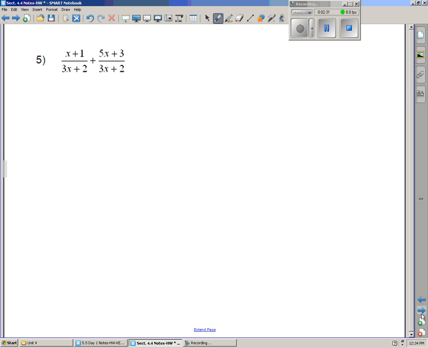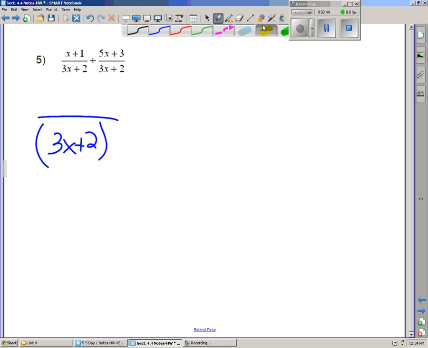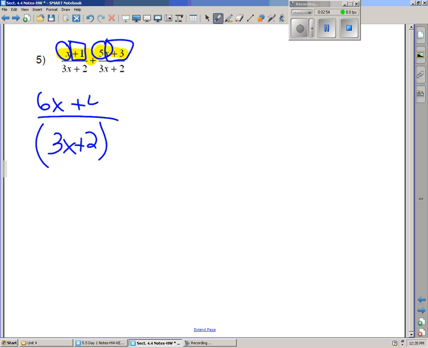Let's take a look at the next one. It's addition again. Common denominator is 3x plus 2. Nothing can be factored here, so I'm just going to put that automatically in my parentheses. But on the top, when I look for my like terms to combine, you've got a couple of sets of x's. You've got x plus 5x. So this becomes 6x, and then 1 and 3 become 4.